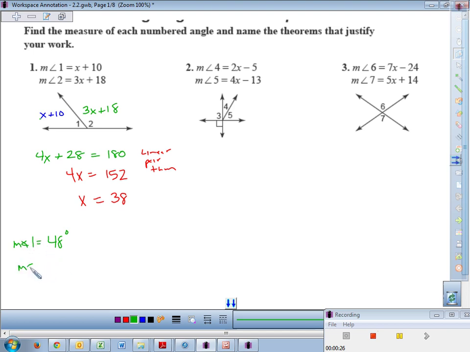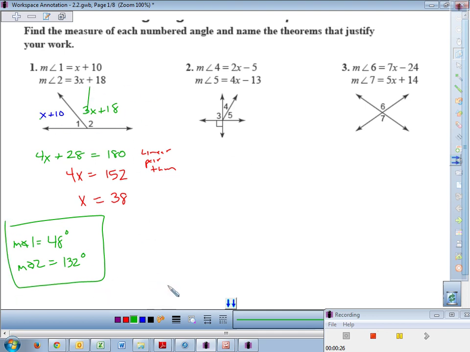And the measure of angle 2 will be 38 times 3, plus 18. 38 times 3 is 114, plus 18 is 132 degrees. I knew that before I even punched it in. If this is 48, that better turn out to be 132, correct? Why? They have to add up to 180, so that's how you can check whether you solved correctly.